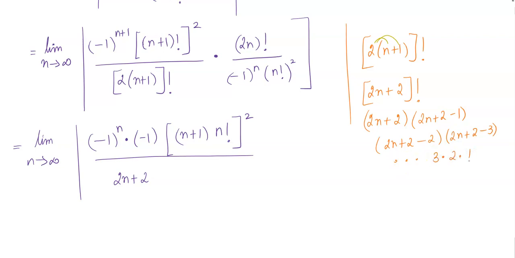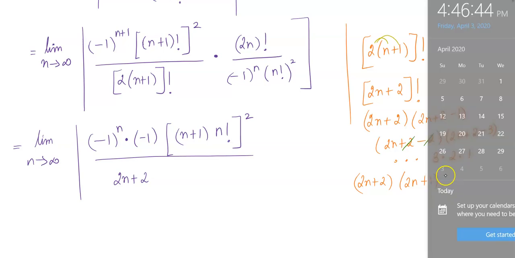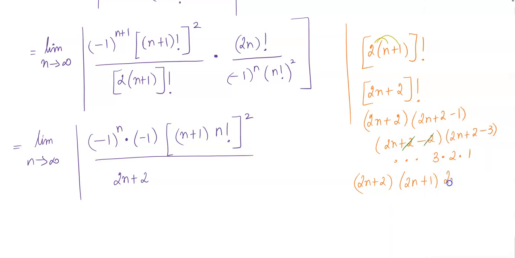So let's simplify this. That's going to be 2n plus 2 times 2n plus 1, and at this point you see that these two will go away. That gives you 2n times 2n minus 1, this would be 2n minus 2, minus 3, and so on, 3 times 2 times 1.